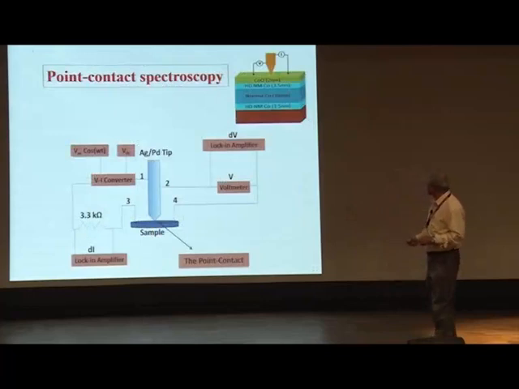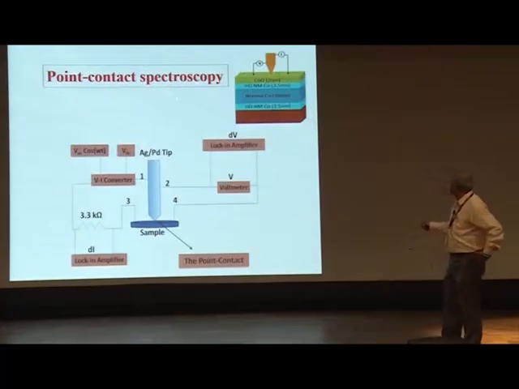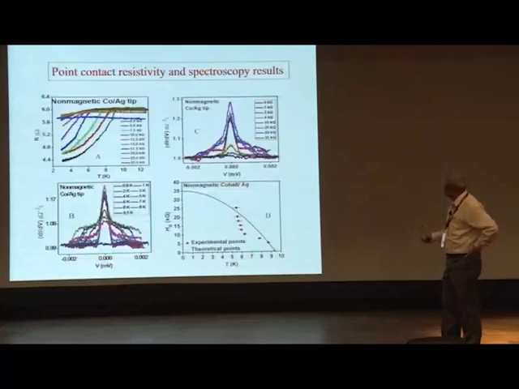But let's explore. Our experiments were point contact spectroscopy. In this case, you have a point contact with the sample, and you flow the current through 1 and 3 and measure voltage through 2 and 4. Through that, we get these values. This is the resistance measurement as a function of temperature.